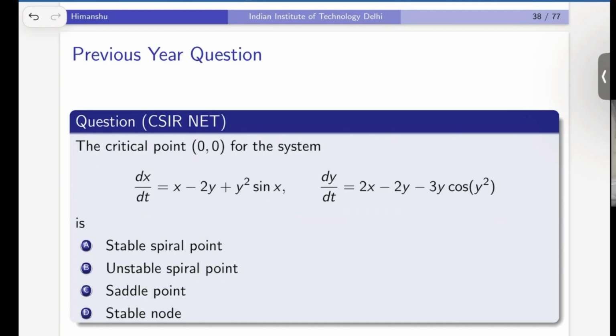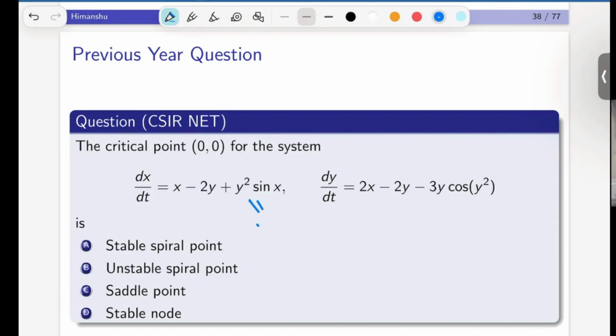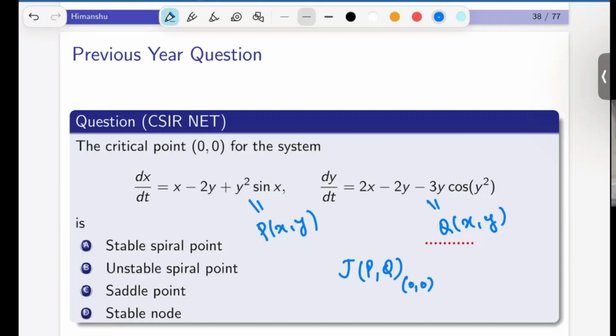This is our function P(x,y), this is Q(x,y). How can we find the behavior? We'll find its Jacobian of P, Q at 0, 0, and check its eigenvalues. Depending on the sign of the eigenvalues, we can comment about its behavior. So the idea is clear, right?